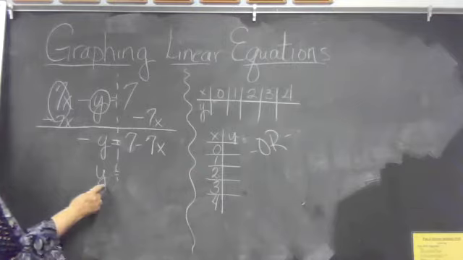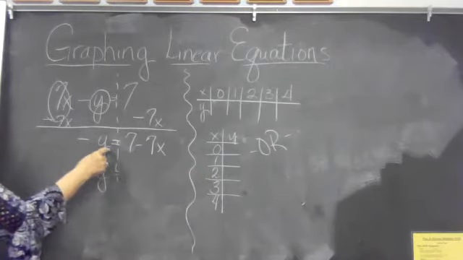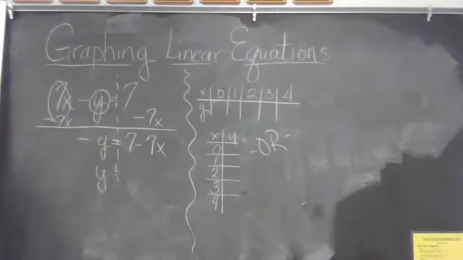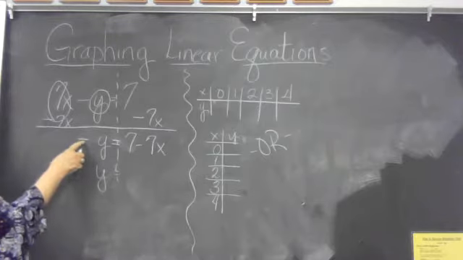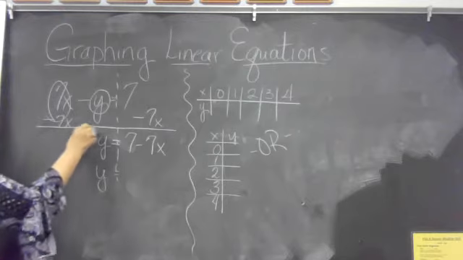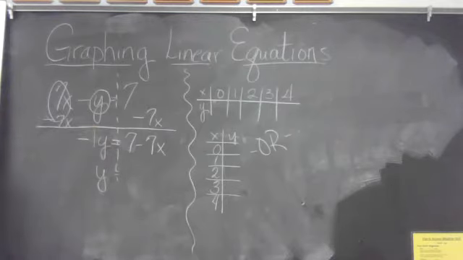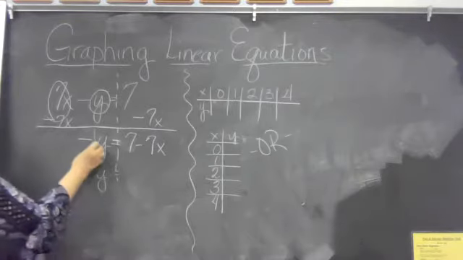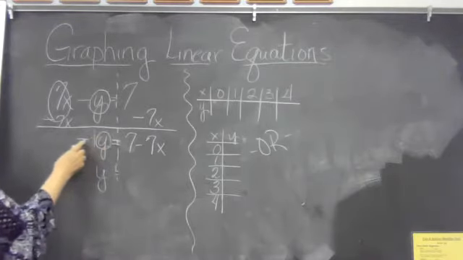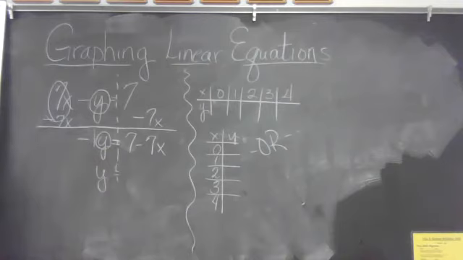And we want Y by itself, not negative Y. Now, what we found out, bless you, is this negative is actually a negative invisible 1 in front of the Y. So when I circle the Y, I know that I have to get rid of the negative 1.